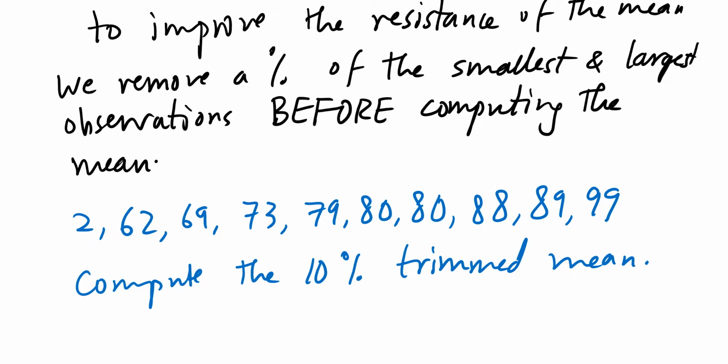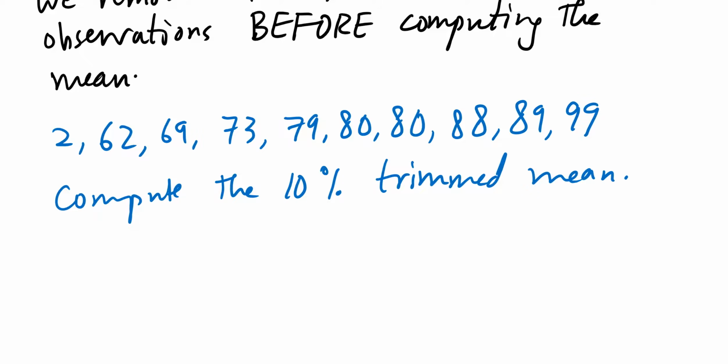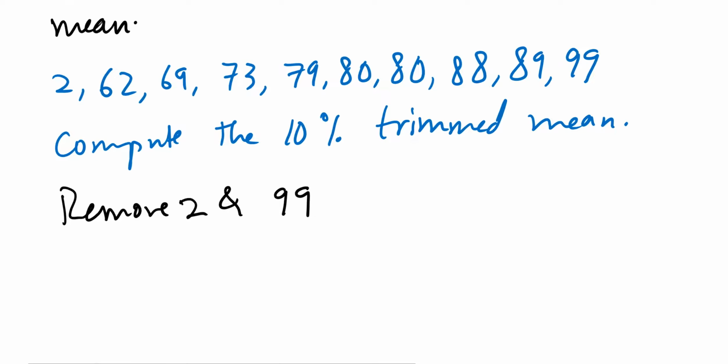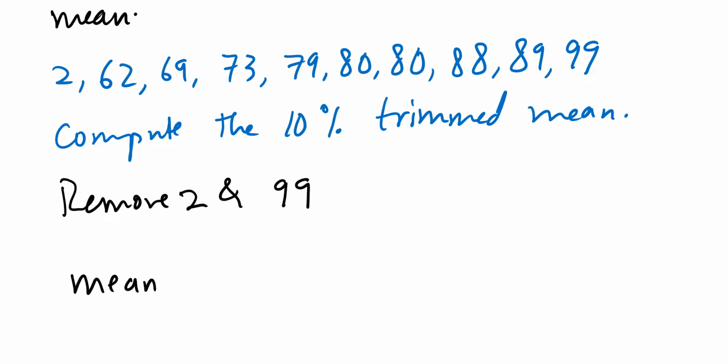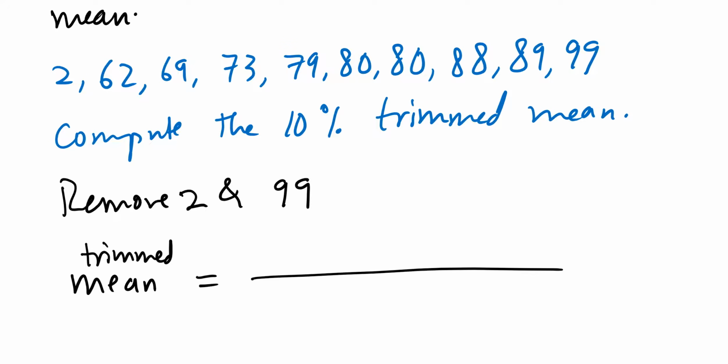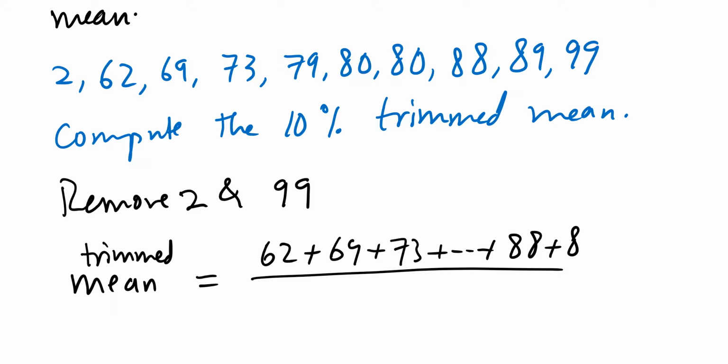So how do we compute trimmed mean? First thing, we remove the smallest and the largest. Then the trimmed mean is equal to, you add the rest of the values, 62 plus 69 plus 73 all the way to 88 plus 89. We removed the other ones.